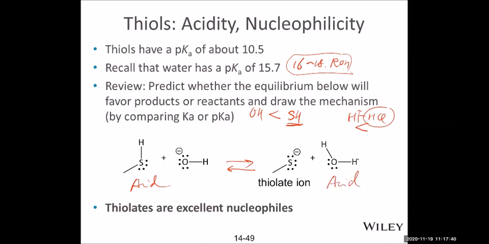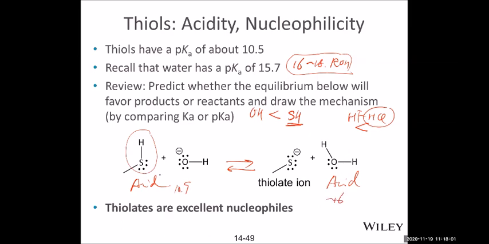Okay, is this reaction leading towards the reactant or product? We compare the pKa of these two. Low pKa gives a strong acid. The SH pKa is about 10.5. Water pKa is almost 16.